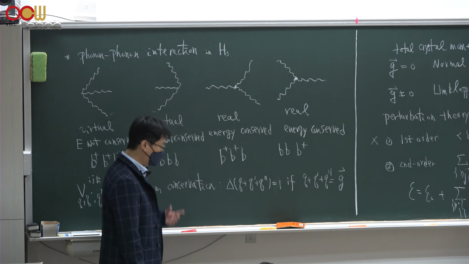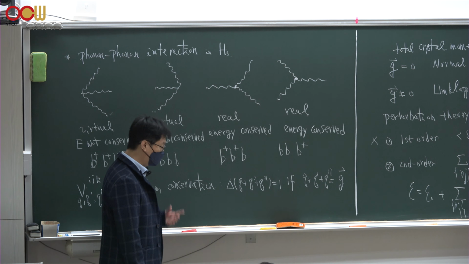The processes that involve G being 0, or a reciprocal lattice vector being 0, are called normal processes, and we will come back to this in a moment. And for a finite G vector involved in the crystal momentum conservation, we call them Umklapp processes, or U processes. And the normal processes are also called N processes.